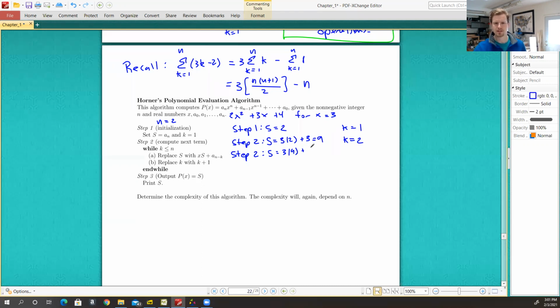We're adding the constant there. Excellent. So the coefficient of the next term, of course. So 3 times 9 is 27. 27 plus 4 is 31, and we set k equal to 3.